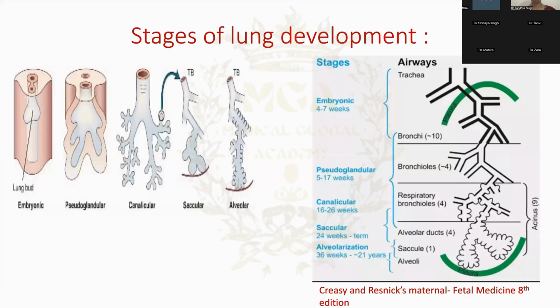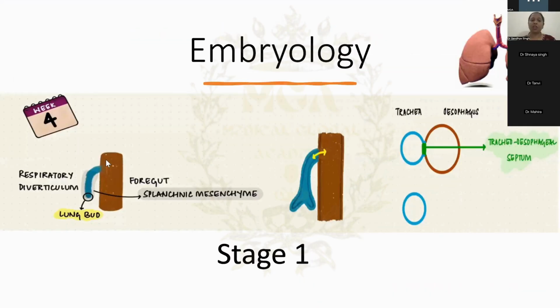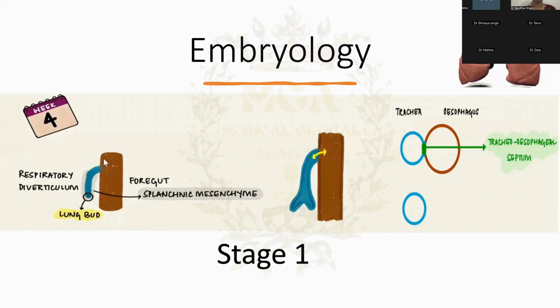If we talk about embryology, lung development has 5 stages. Don't think this is a very complicated slide; it's very easy to remember. At 4 weeks, a respiratory diverticulum arises from the cranial part of the foregut, and this diverticulum is going to give rise to our lungs.